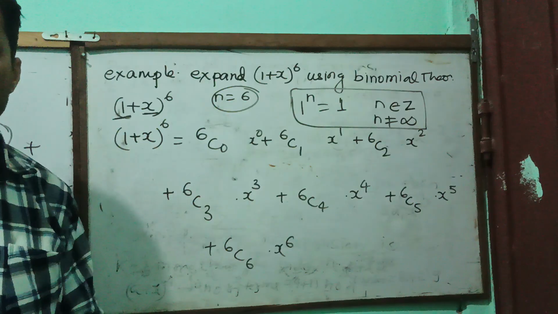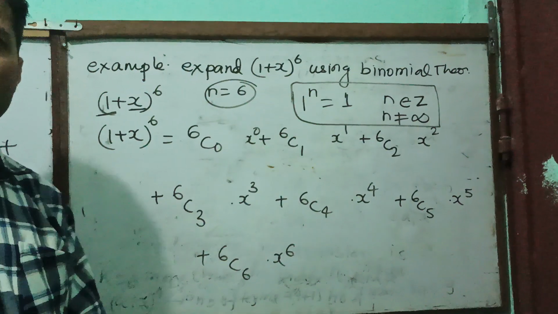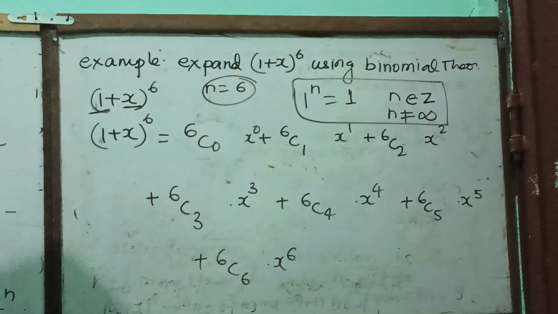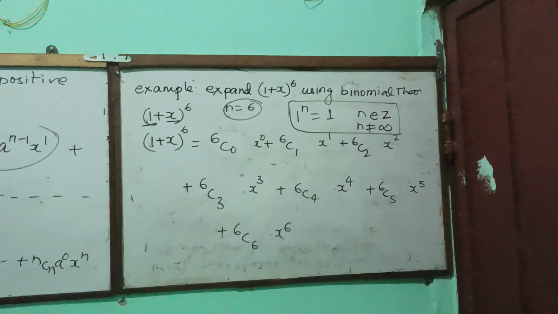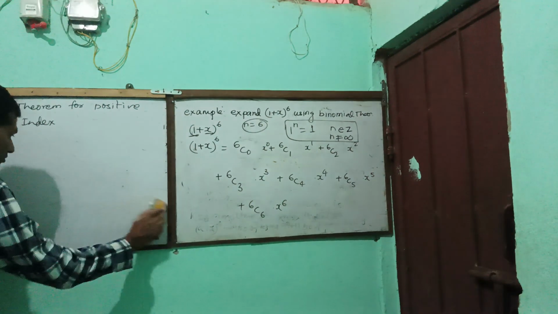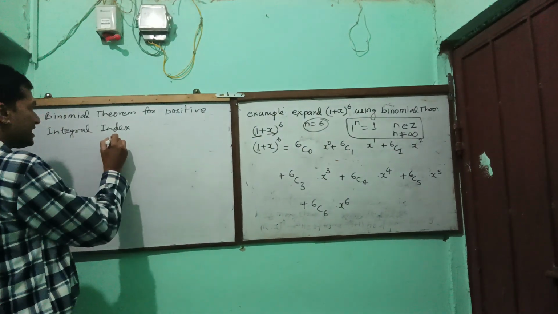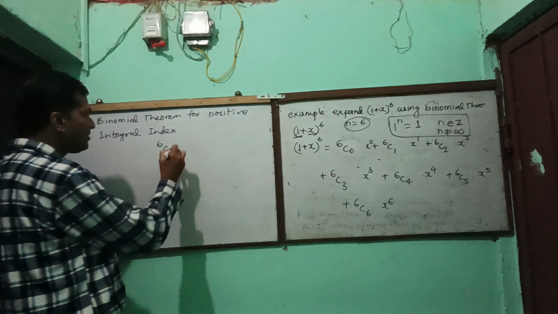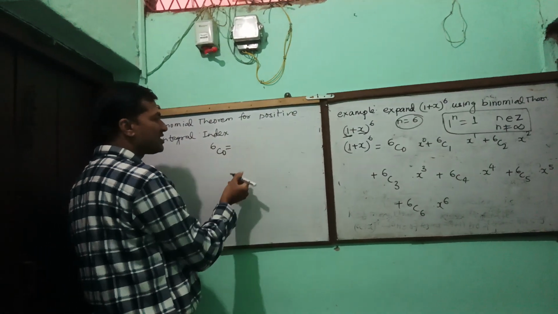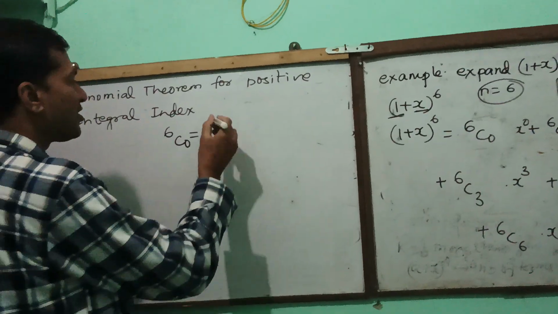So 6C0. Go through the calculator. How much are you getting? 6C1, how much are you getting? So I am explaining over here. 6C0, if we expand, we can use the calculator, that will be easier for us.